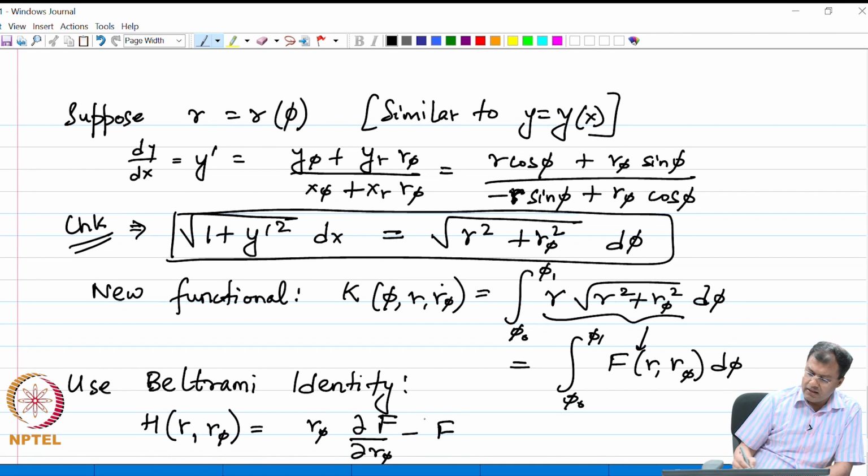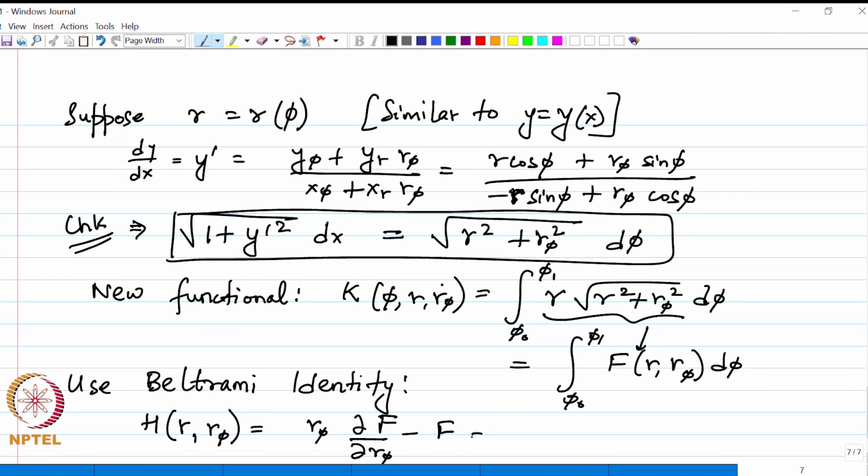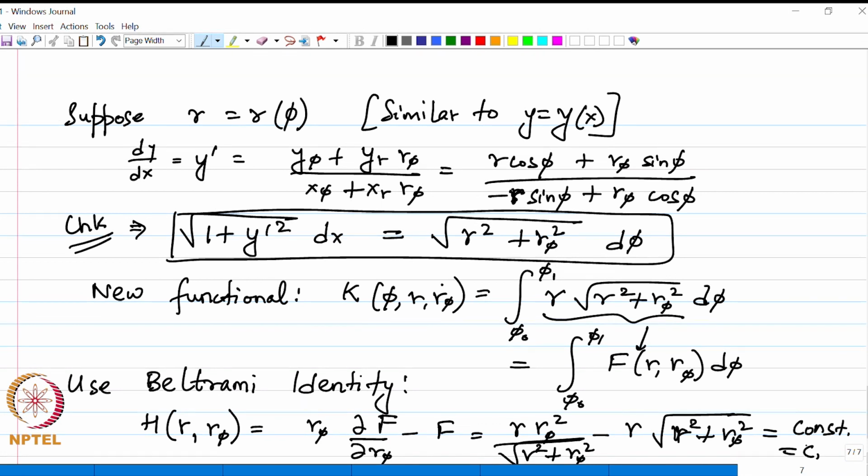After plugging in this relation, we see that this is also equal to rφ² divided by √(r² + rφ²) minus r times √(r² + rφ²), right. This is also equal to a constant by the Beltrami identity. Let us call this C1, right.